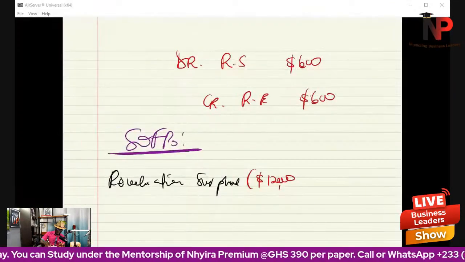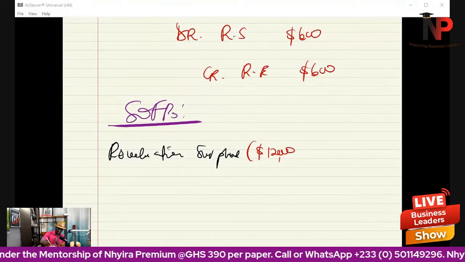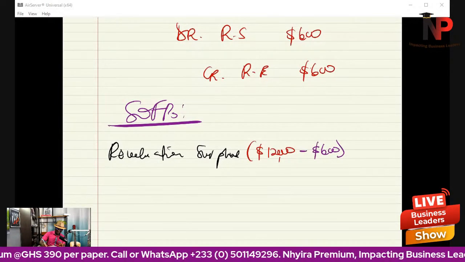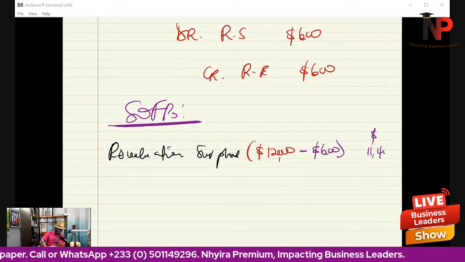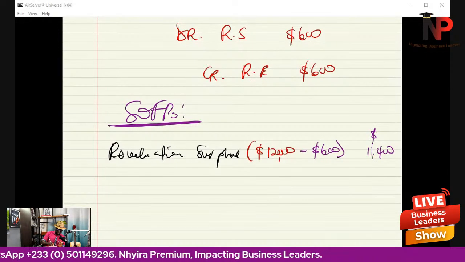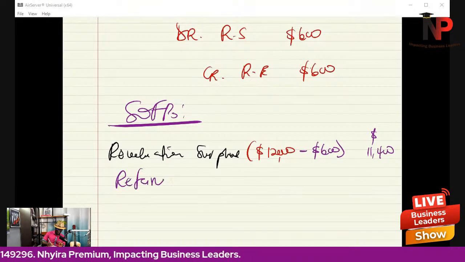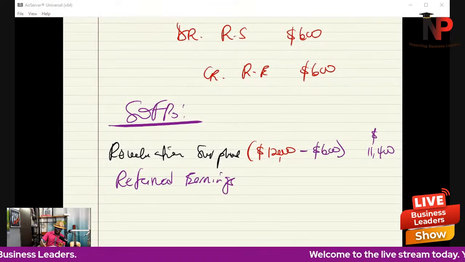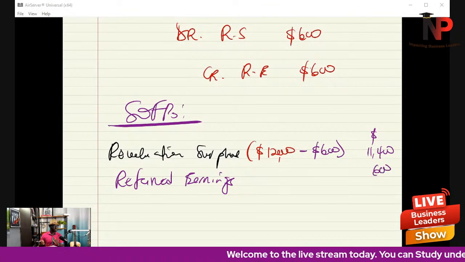Then we subtract an amount of 600 from it, so that we're left with 11,400, and that 600 will go to our retained earnings. Remember, this is just an extract, so you're not balancing anything, you're just showing what is happening.